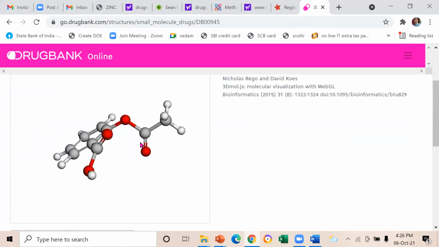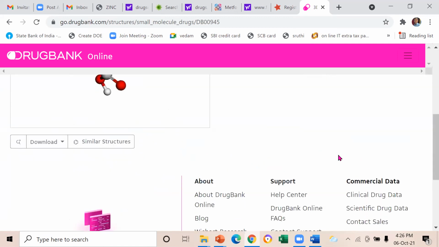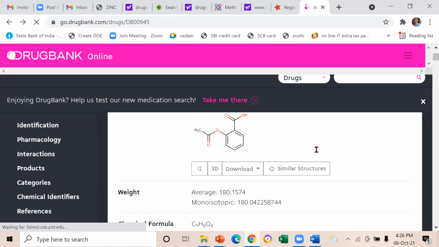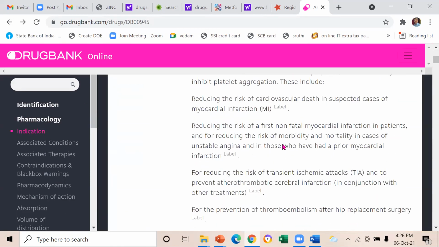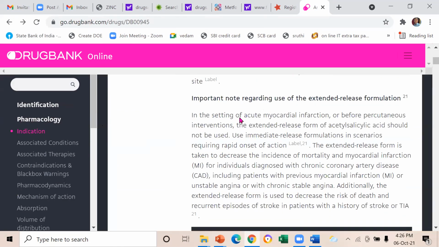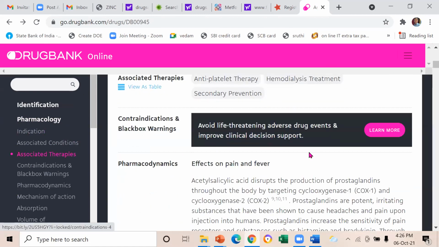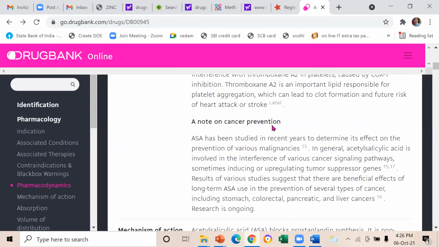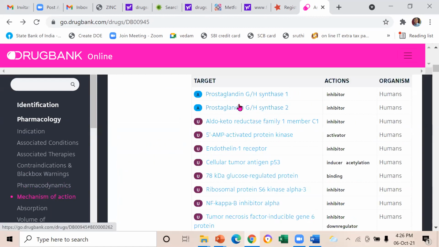This is aspirin. And then the pharmacological activity of the drug, associated conditions, therapies, pharmacodynamics: how the drug will act in the body, the mechanism of action, and then what the target proteins are on which the drug is acting.